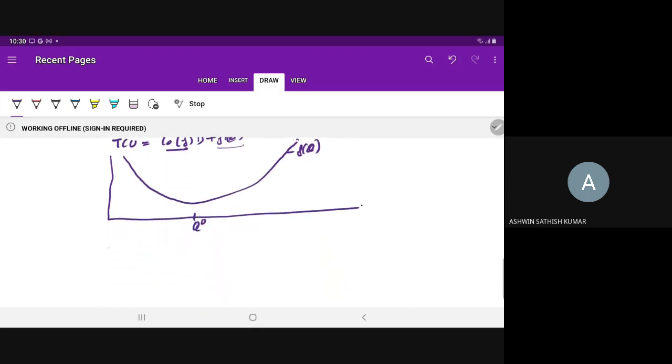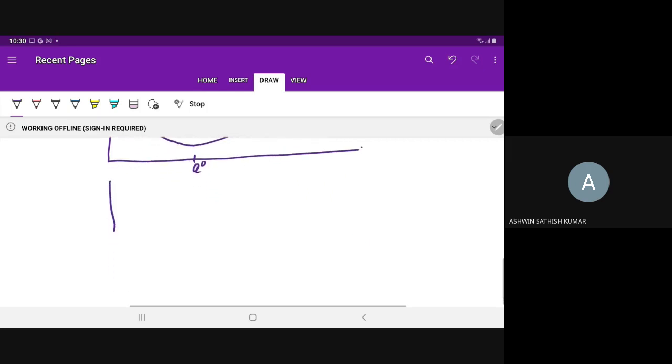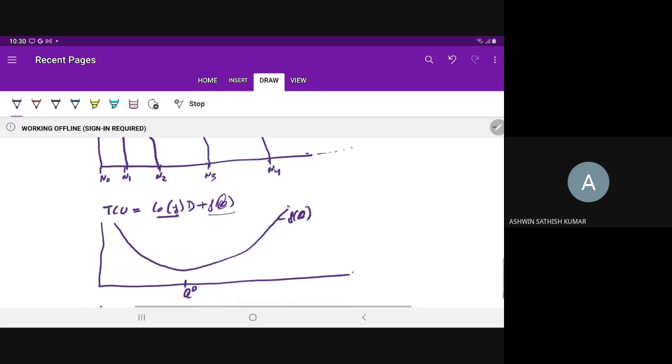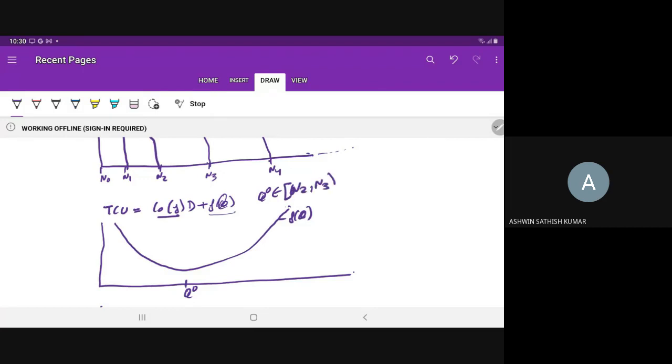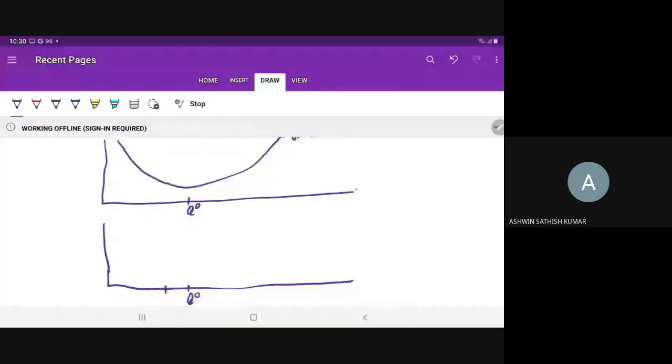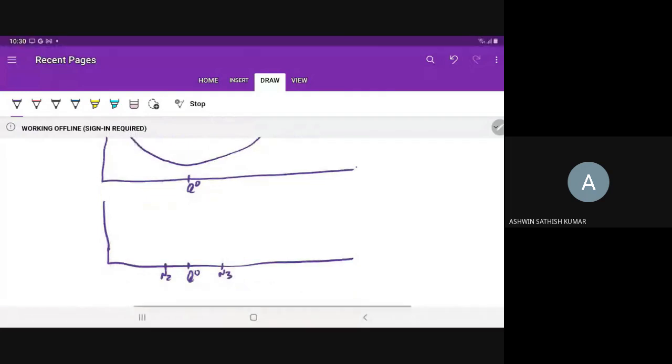So what can be the shape of the resultant graph? Let's say it is the Q naught, and I'm saying that Q naught belongs to N2 to N3. Let's say this is the N2 and this is the N3. Now please see carefully.